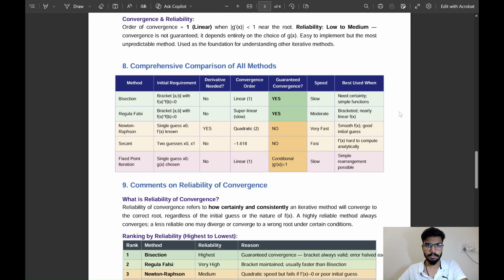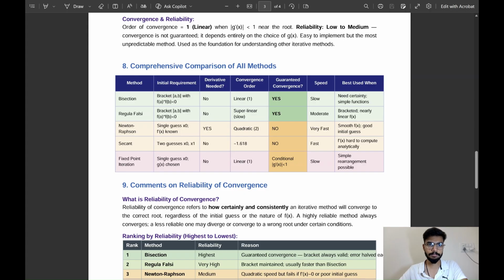Now we will compare our methods by this table. We will see the method, initial requirements, whether a derivative is needed or not, convergence order, guaranteed convergence, speed, and best used when.